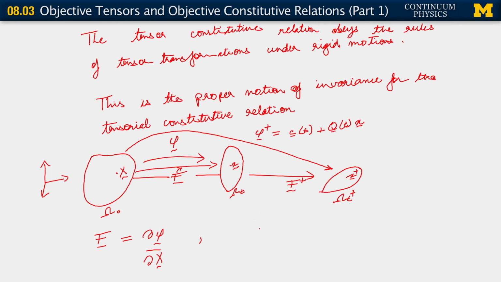That's easy enough. We know that F plus, just follow the definition, is the derivative of phi plus with respect to X. And observing what phi plus is, we have the derivative with respect to X of c, function of time, plus Q, function of time, times little x, but little x is just phi.